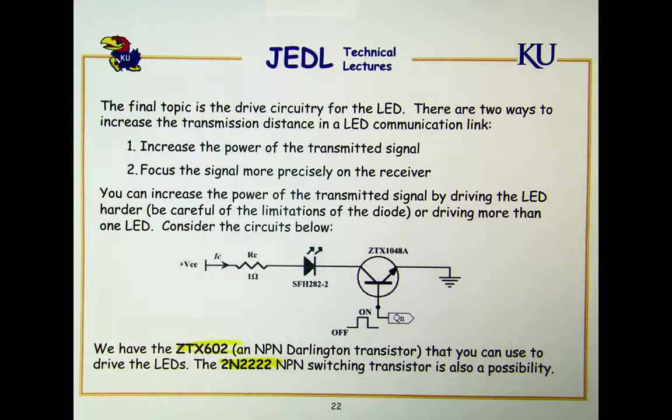One of the things I had mentioned before is keep the number of LEDs down to no more than 4. This is not a project where we're trying to achieve maximum range. We just want to demonstrate free space transmission capability, and we're not looking for long range performance out of this.